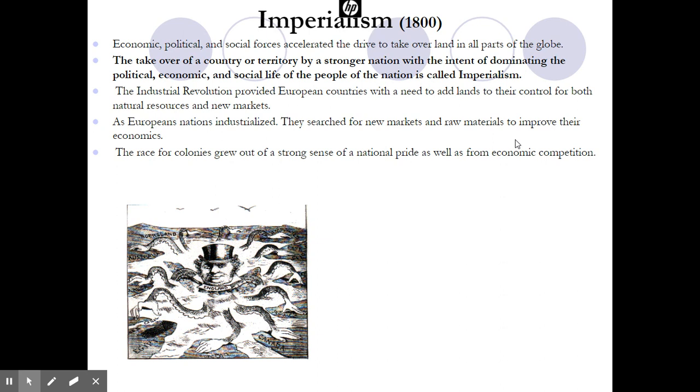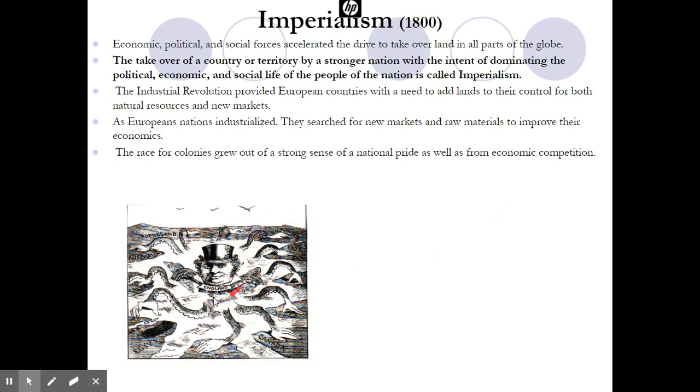All those European countries that industrialized knew they had a superior military because they were fighting with rifles and cannons, and they had steam engines and railroads. So they went to other continents in Asia, Africa, South America, and Australia, and they invaded and turned these countries into colonies.